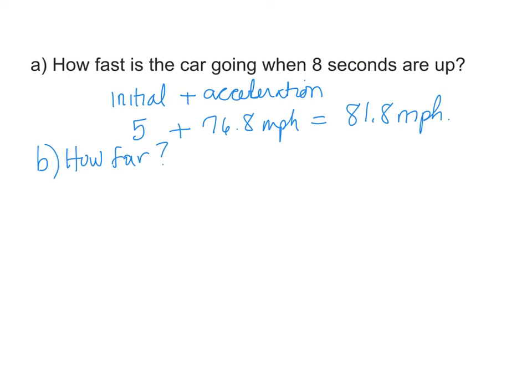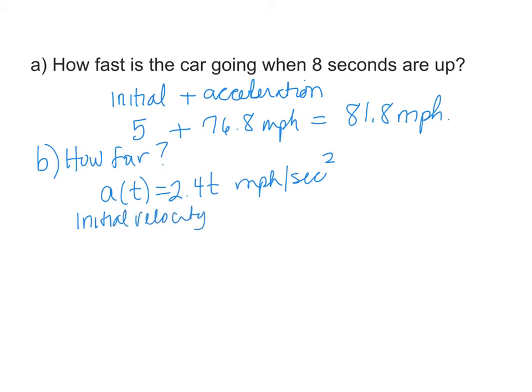All right, so we found that the acceleration, A of t, was 2.4 t miles per hour per second squared. Okay, so it had an initial velocity of 5 miles per hour.